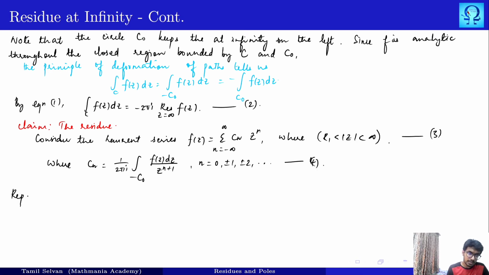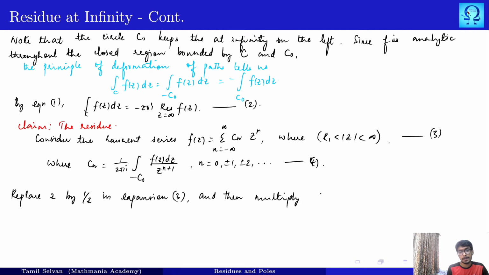Now replace z by 1 upon z in expansion 3 and then multiply by 1 upon z square.